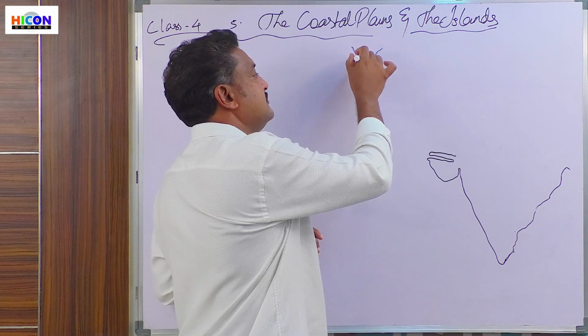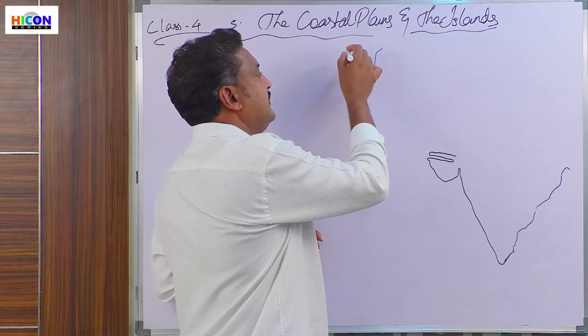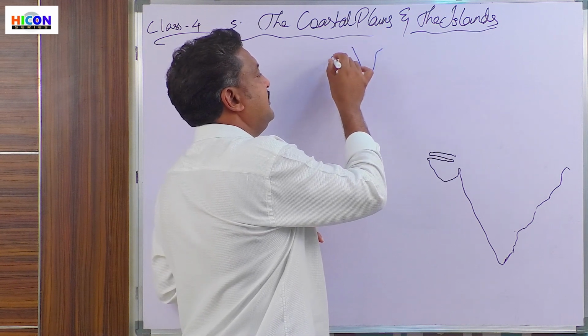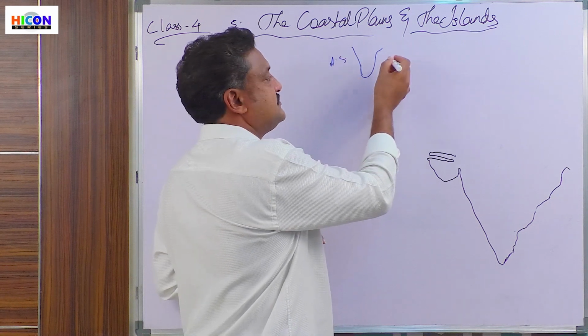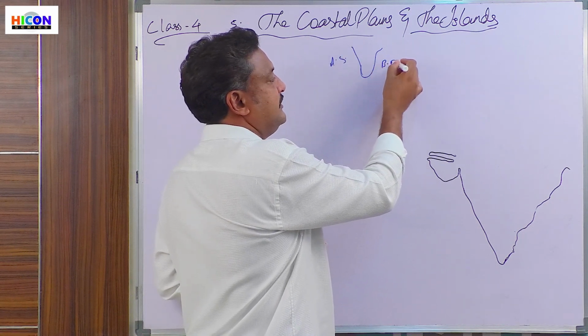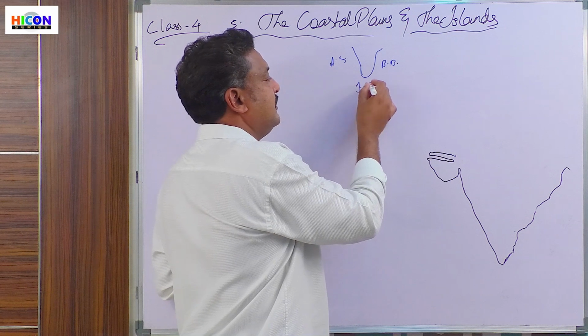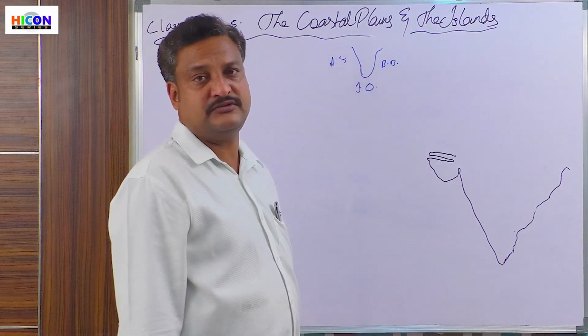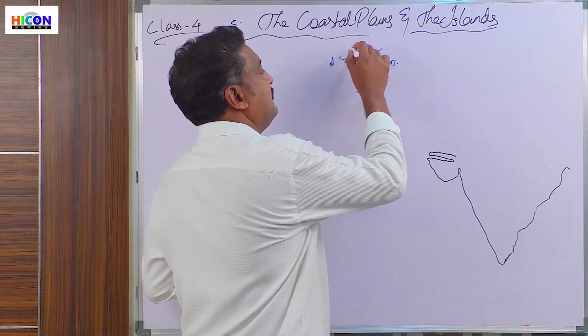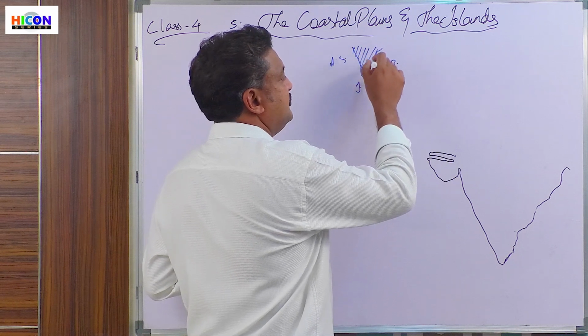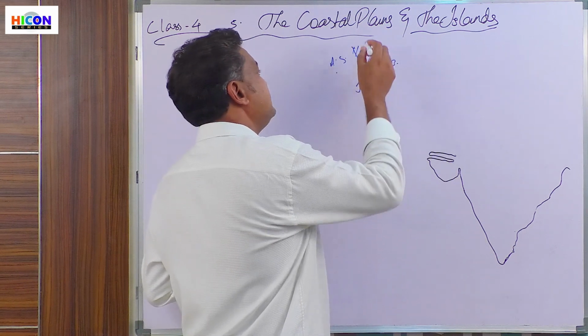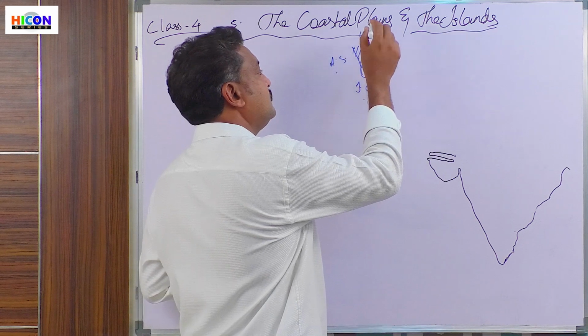India is a land which is covered by the Arabian Sea in the west, the Bay of Bengal in the east, and the Indian Ocean in the south. So this land mass is covered by water on three sides and land on the fourth one.